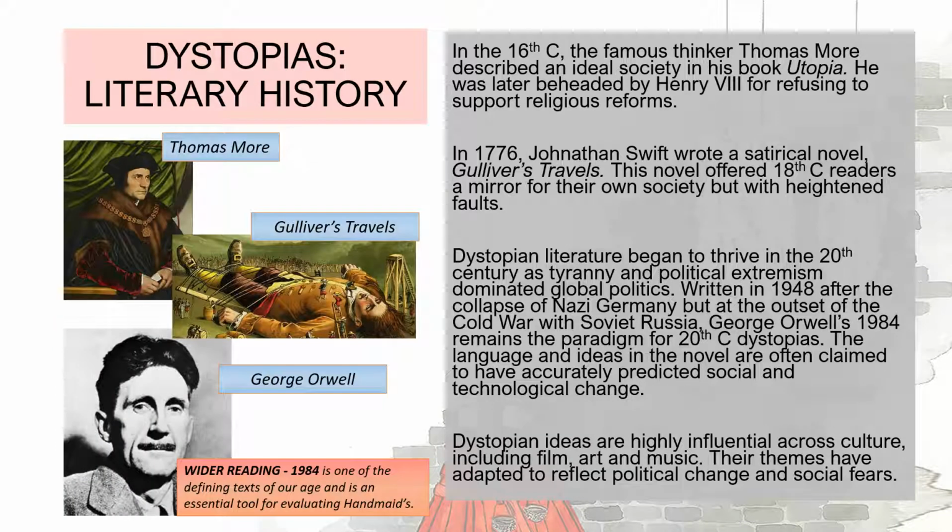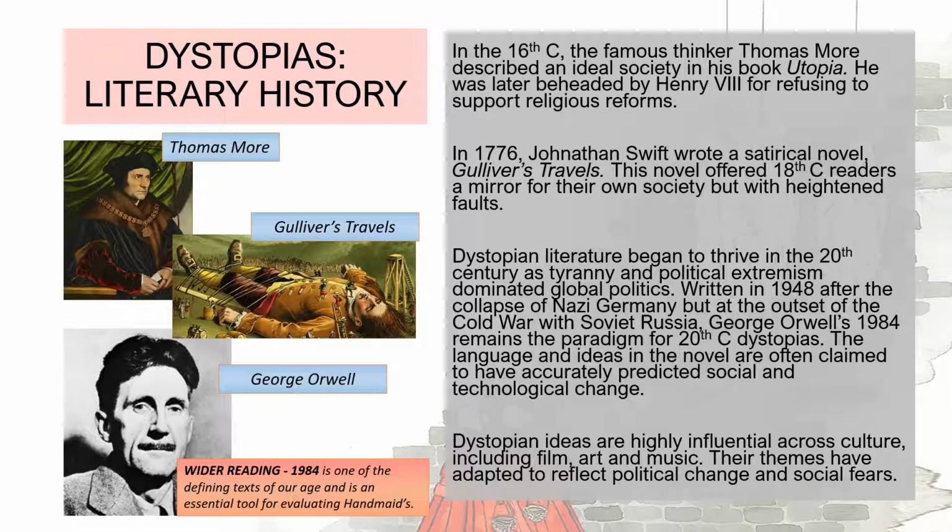So let's have a quick think about the literary context and the literary history of dystopias. Thomas More, there you can see in the first picture, was a famous philosopher and theologian. He was a very powerful religious figure in the life of Henry VIII, and he wrote a book which tried to envisage a perfect society.